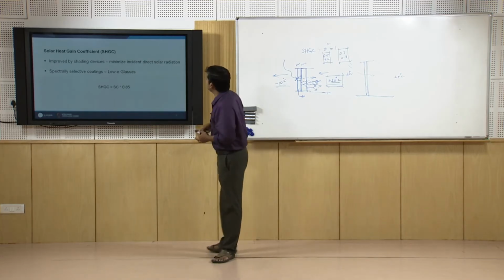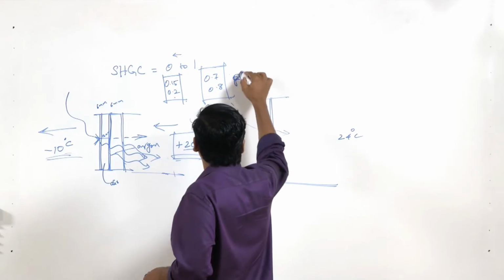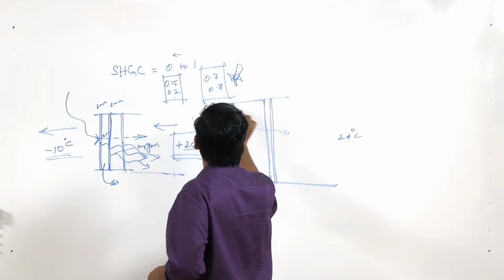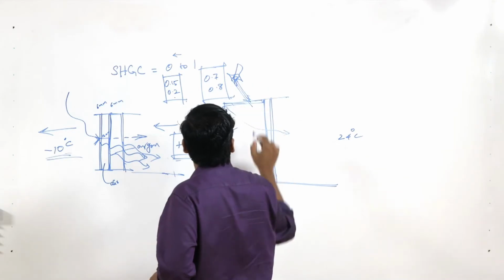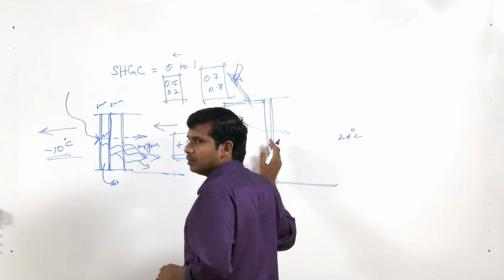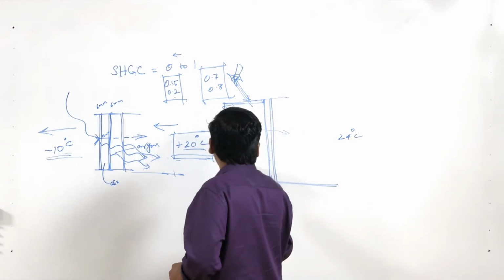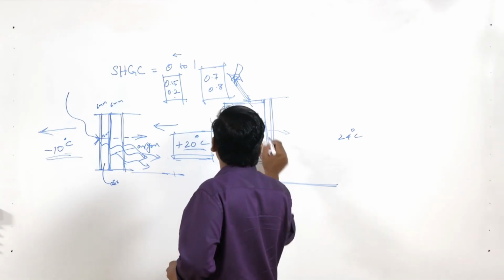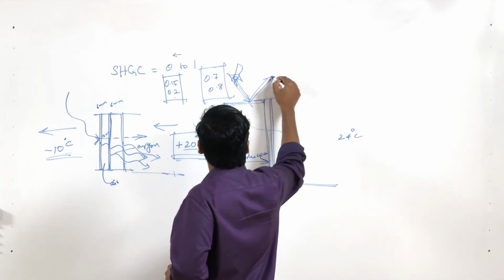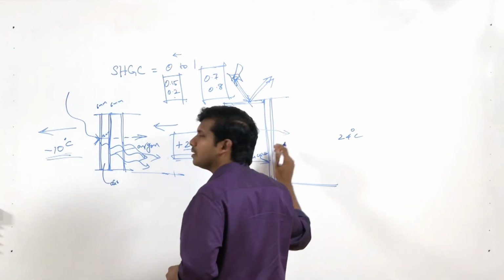It is improved by two different things. First is, if you are able to minimize or cut off the direct solar radiation. You have sun here, and if you have a shading device which is cutting the solar incidence, then you can improve the performance. Actually you are not doing much to the glass, the conductive heat flow will still happen, whereas you are cutting off the direct solar incidence, so your radiant transfer will be minimized.